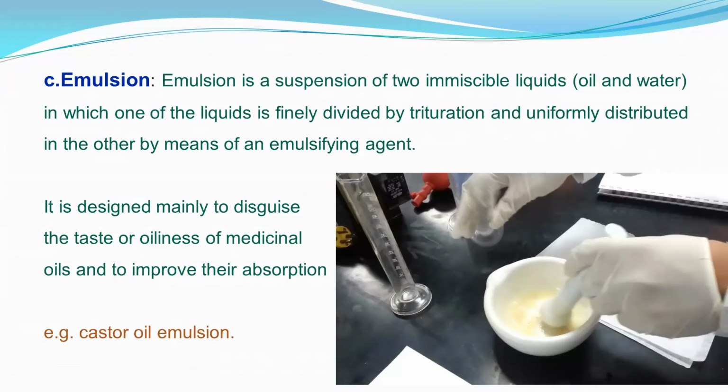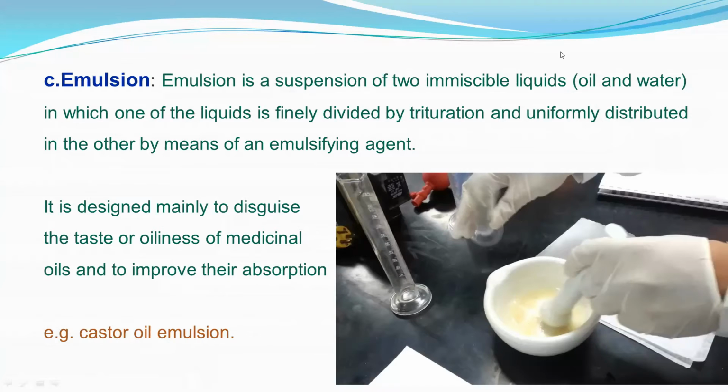Then emulsion. Here you can see one person preparing an emulsion. It consists of two immiscible liquids, which cannot be mixed properly, oil and water. One liquid is finely divided by trituration and uniformly distributed in the other by means of an emulsifying agent. Here one is the emulsifying agent and another is the emulsifiable drug.